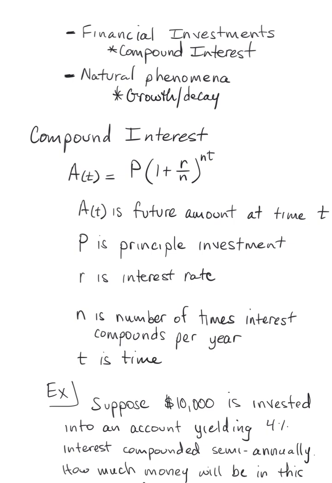Compound interest differs in that interest is accrued at regular intervals. So, for example, if you deposit money into an account that compounds interest every year, let's use $1,000 as a simple example. If you invest $1,000 into an account and the interest is going to compound every year at, let's say, 10% to keep things simple.